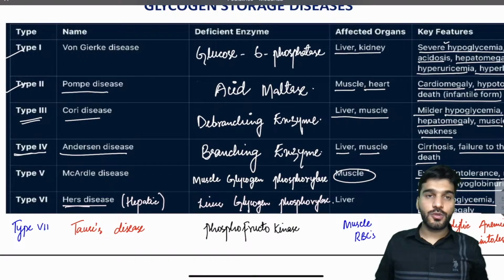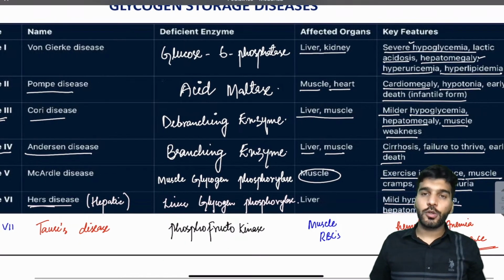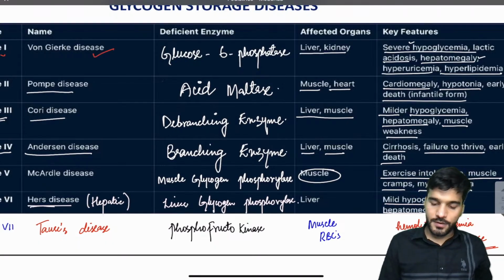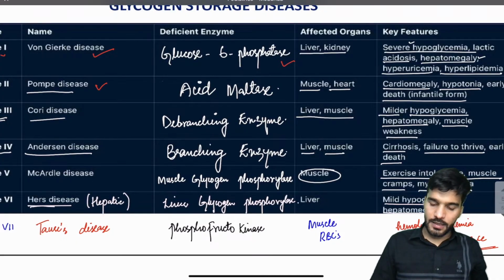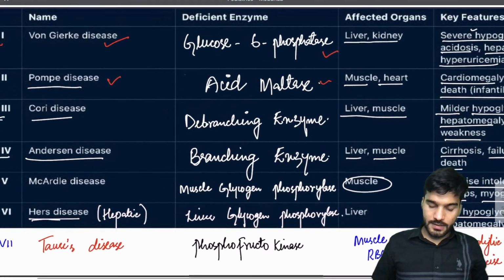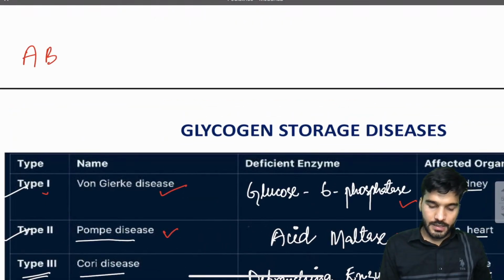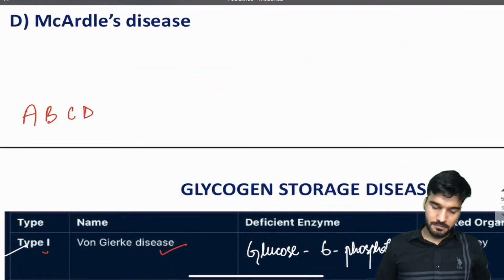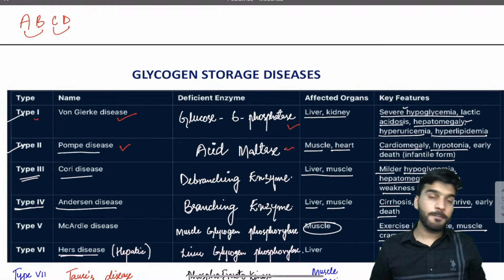They can ask questions from biochemistry as well. Remember, if there is hypoglycemia, hepatomegaly, hyperuricemia, think of von Gierke's disease, and the enzyme deficient is glucose 6-phosphatase. Pompe's disease, acid maltase. How to remember branching and debranching? Remember A, B, C, and D. Anderson is branching and Cori's is debranching enzyme.